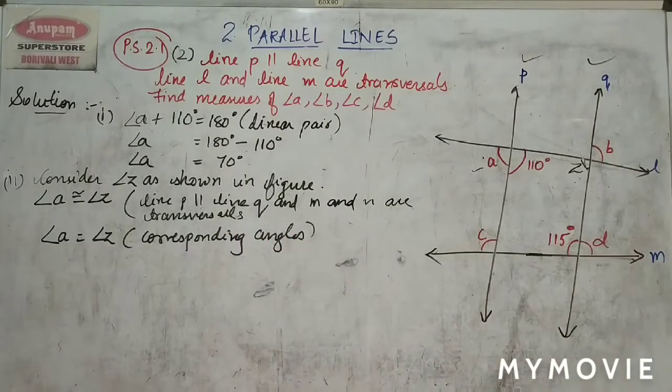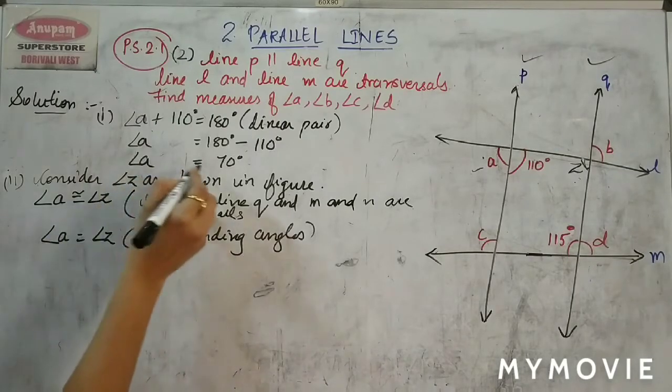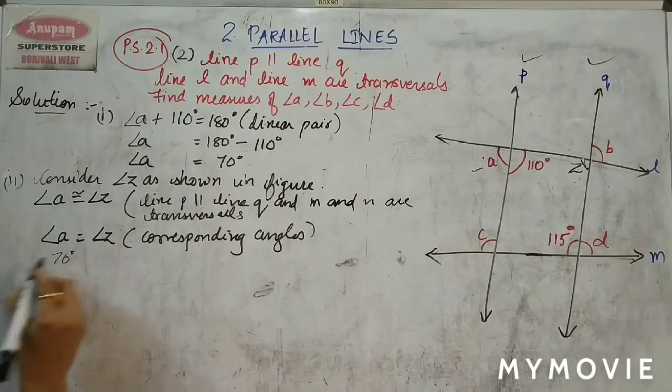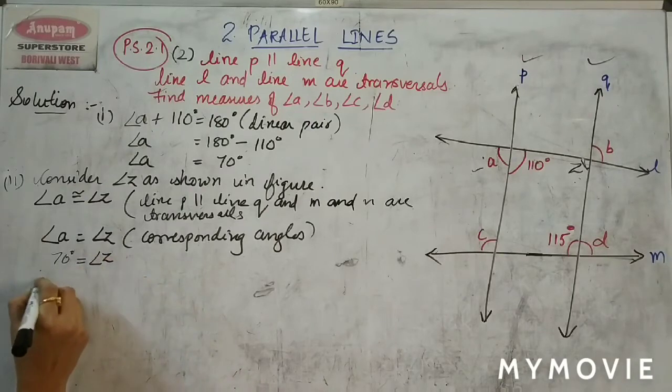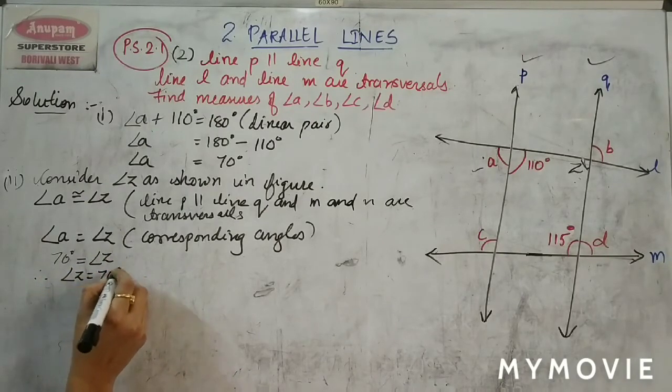Okay, you can show this in the next step. Now if angle A is 70 degrees, so instead of angle A I'll write down 70 degrees here, is equal to angle Z. Therefore angle Z is equal to 70 degrees.